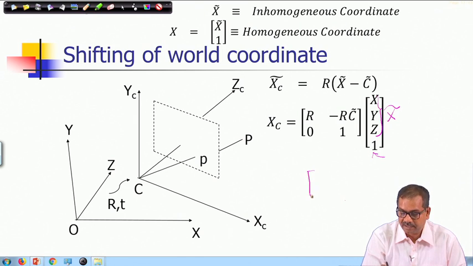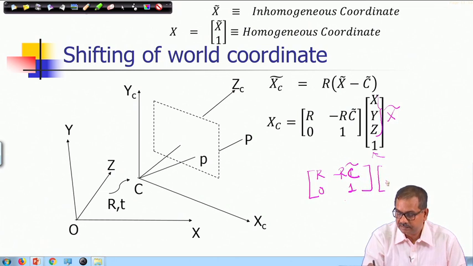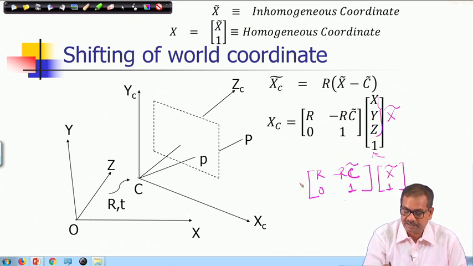So, I can write this multiplication, I can also express this matrix in this form, 0 1, and this is x tilde 1, where x tilde is given by x y z.